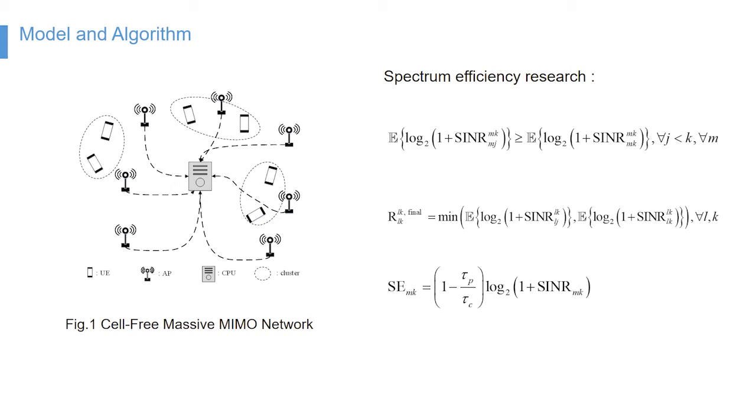That is, users in a cluster share one pilot, and different clusters use different pilots. Non-orthogonal multiple access technology (NOMA) is used to distinguish users. In this way, the influence of pilot pollution is effectively avoided, and the spectrum efficiency is improved.